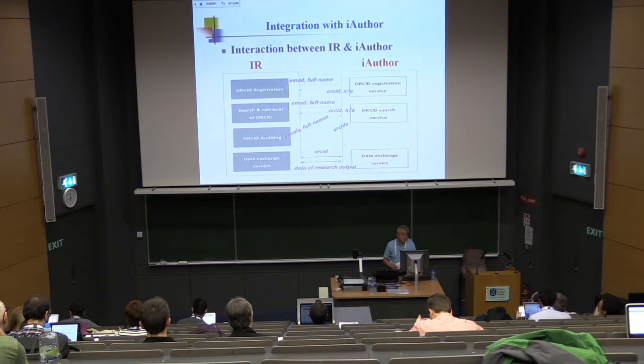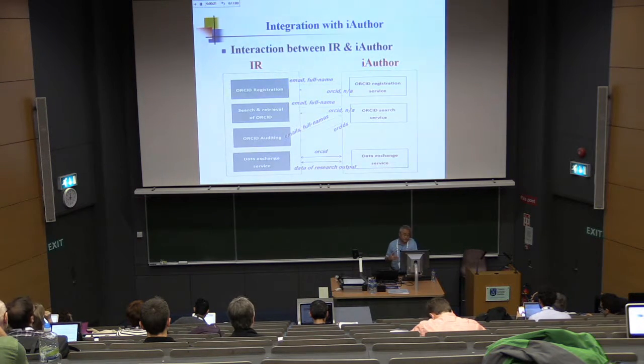The interaction between the IR and IOTA is as follows. The IR can send email and the full name of a researcher to IOTA, and IOTA can return the ORCID in time.